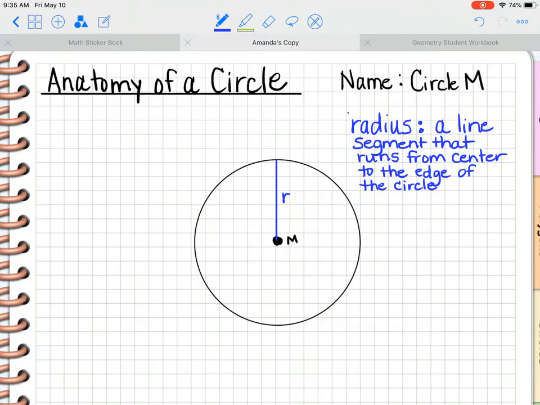Okay, so radius is a line segment that runs from the center to the edge of the circle. That is a very important term that we need to know. You will see this a lot with circles.